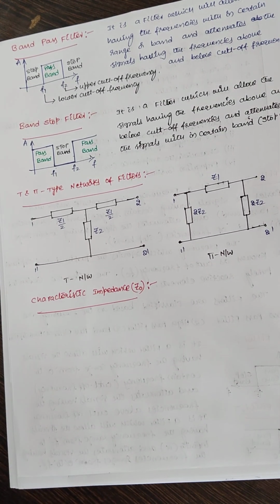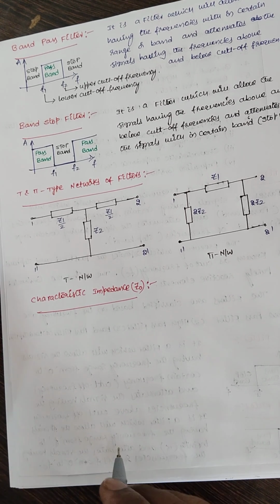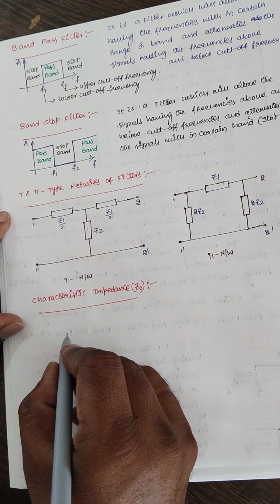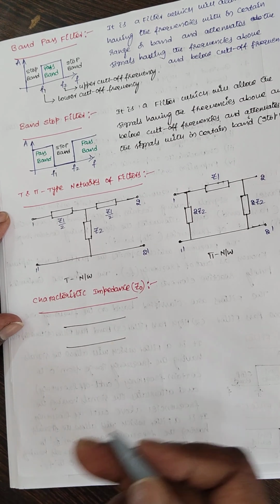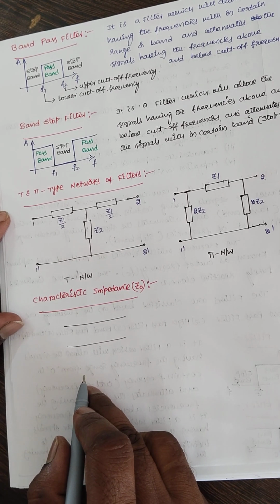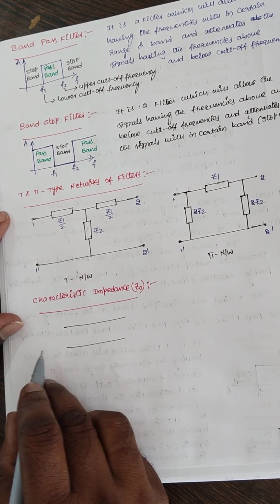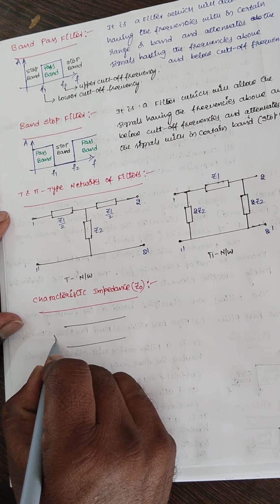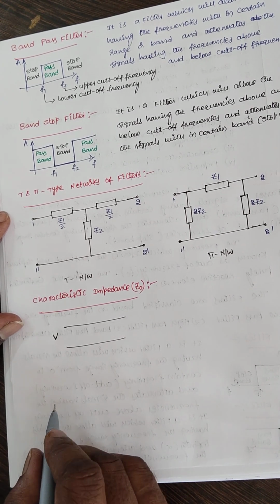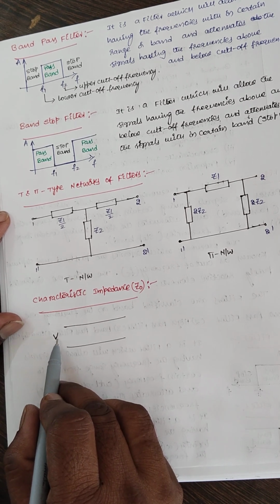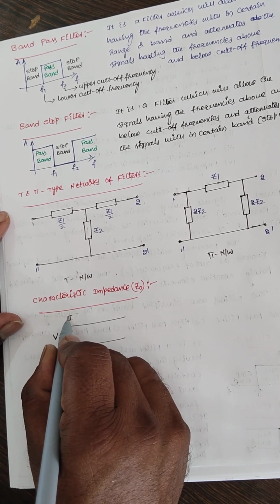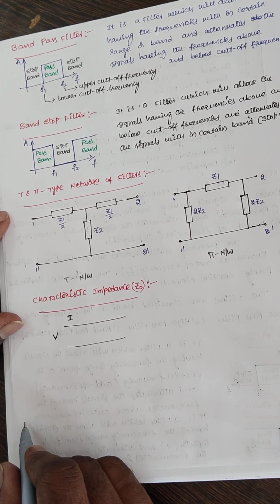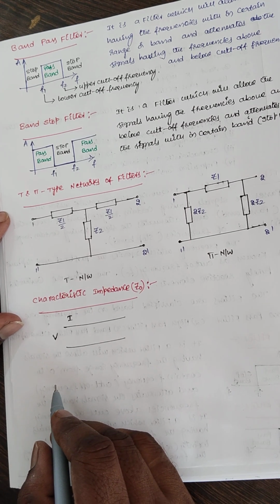So how to define this characteristic impedance? Now let me explain. It is a transmission line having phase and neutral like that. We give the supply for this transmission line in the form of voltage. Whenever we apply the supply in the form of voltage, current will flow in this transmission line.